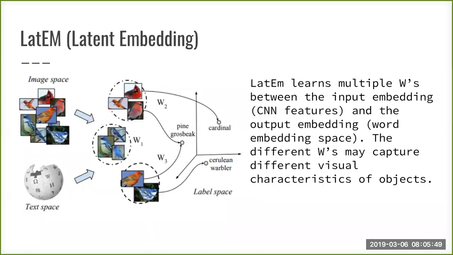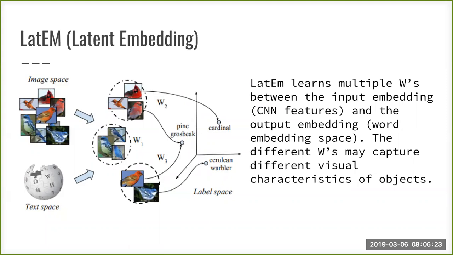Then there was this latent embedding network. Basically, the idea is you would get the features from this convolutional neural network, and then you would also take the embedding of the word, and then you would map both of those things to another space.